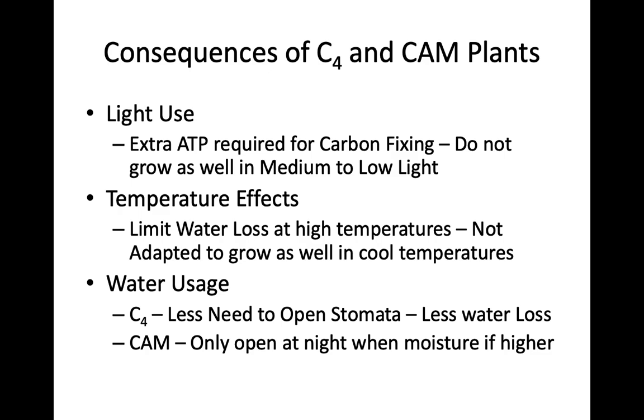That's why you don't see a lot of cactuses growing in western Pennsylvania. There is actually one cactus that's native, an opuntia cactus. But other than that, you're not seeing a lot of cactuses growing around here because we don't have all that extra light available to power that CAM pathway in those plants.